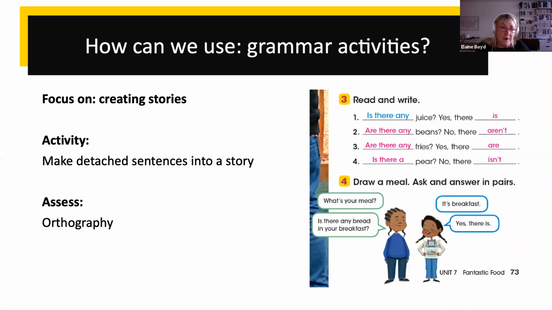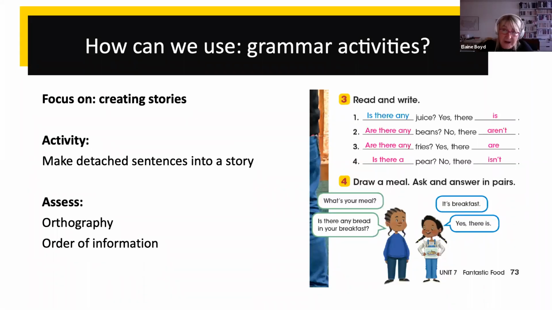So what you might want to assess at this low level is their legibility, how they're writing. You might just want to be focused on that, and you're using this as a vehicle just to focus on that. Or, if it's a story, you might assess them on the order of information. So again, it doesn't matter if they've made a little vocabulary or grammar mistake.